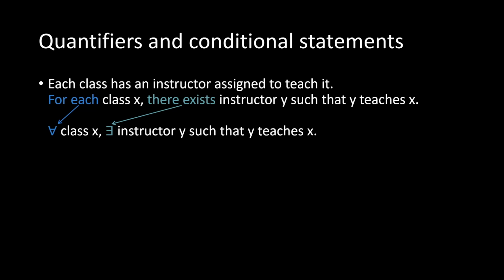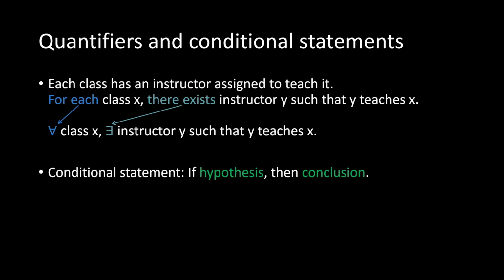For each class X, there exists or there is instructor Y such that Y teaches X. These are called quantifiers. As for a conditional statement, it's basically if hypothesis, then conclusion. If the hypothesis is correct, then the conclusion must follow.